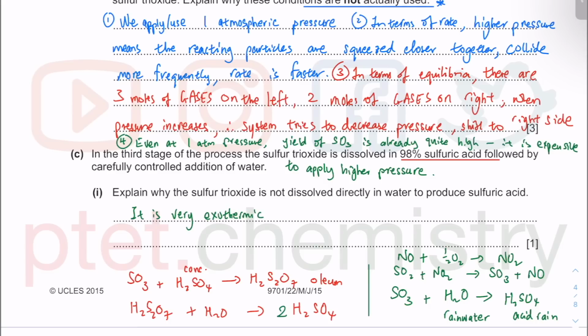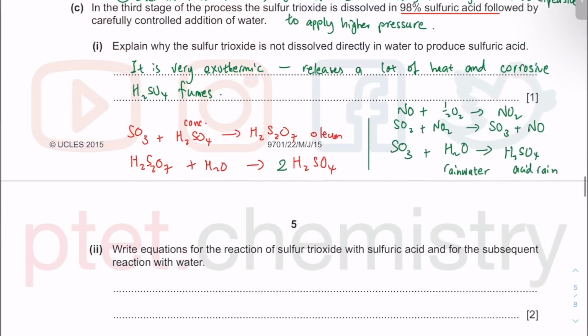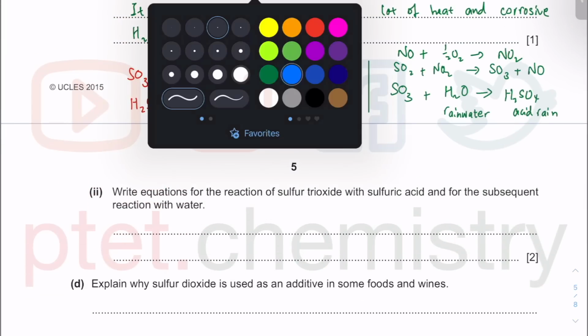In terms of chemical engineering aspects, when something is very, very exothermic, it releases a lot of heat and also corrosive H2SO4 fumes. So it is safer to go via this oleum route, which is less exothermic, and therefore you maintain the safety inside that industrial process.